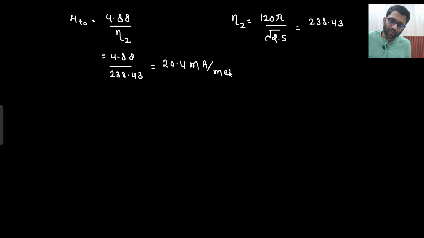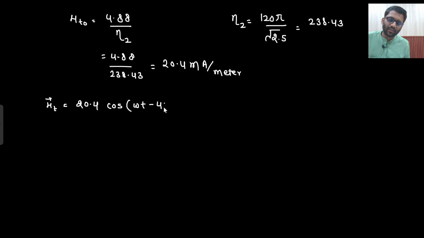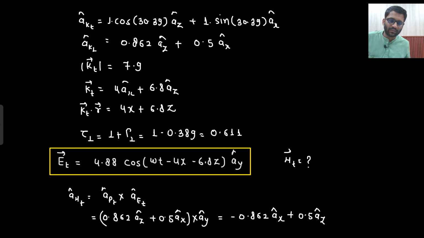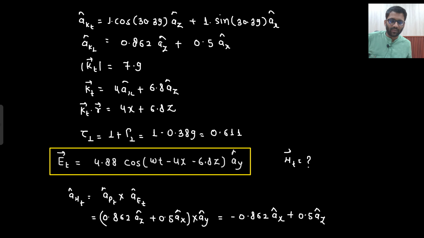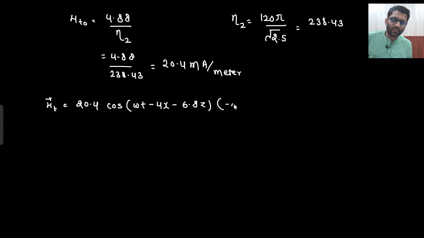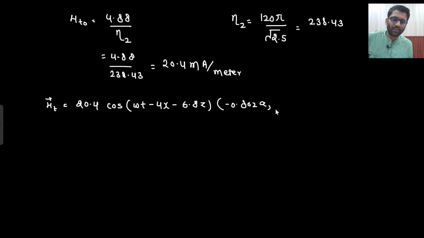milliampere per meter. So now I can write down the expression of HT. That is 20.4 cos(omega t minus 4x minus 6.8z), and then minus 0.862 ax cap plus 0.5 az cap.